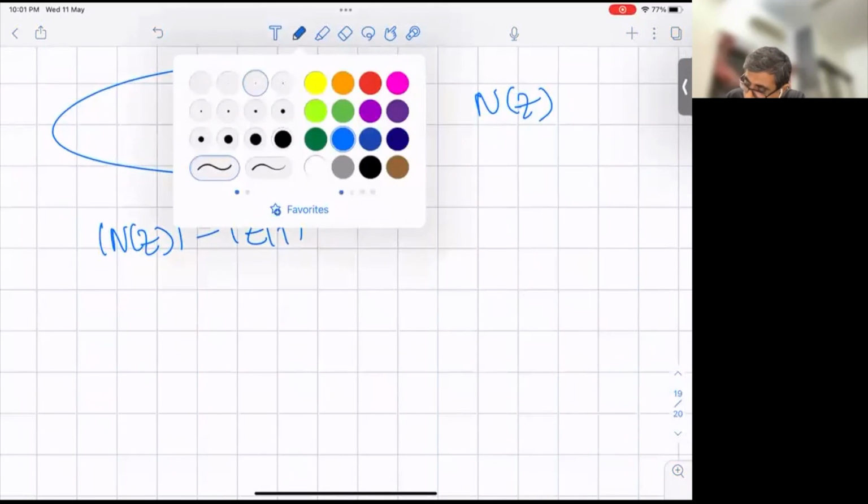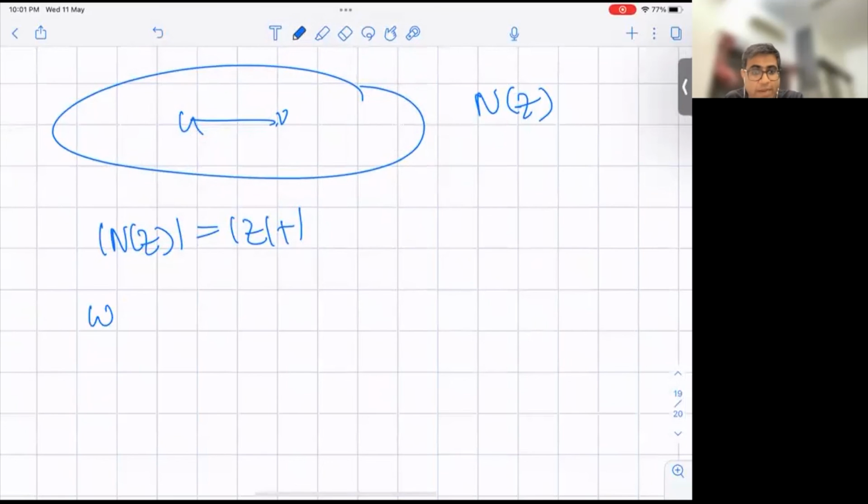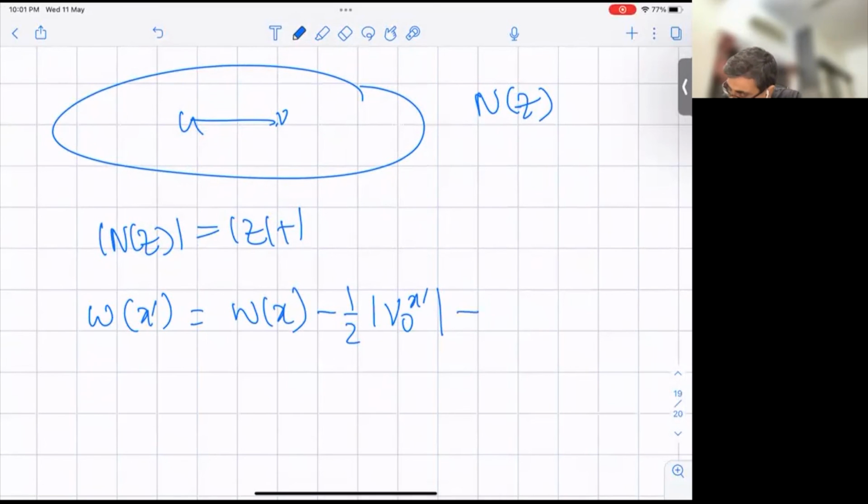So the weight of X prime is equal to the weight of X minus half of V0 X prime, these are the vertices that got reassigned, plus half times V1 X prime. And what do we know about the weight of X prime?